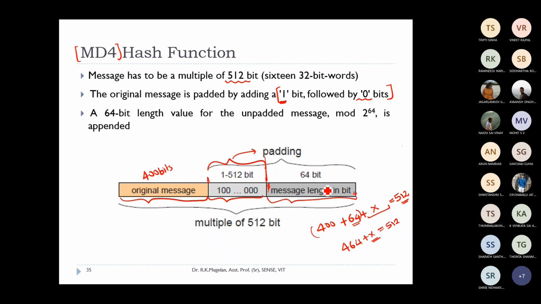Whereas for the 64-bit, for example, if I convert this 400 bit length as a 64-bit value, I'll be placing it in the entire 64-bit. Is it clear? Yes, sir. Anyone have any doubts on this one? I hope it is clear, right?